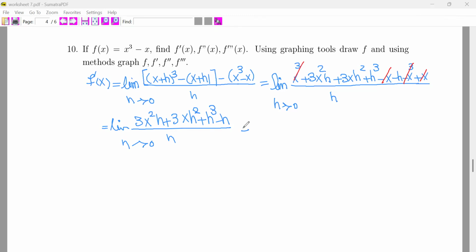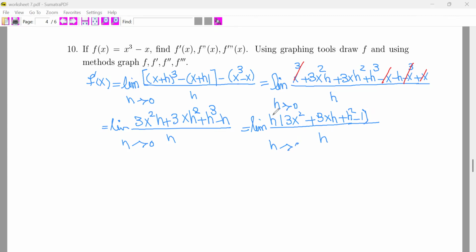Now we can factor out h here, and we would have 3x squared plus 3x h plus h squared minus 1 over h when h is approaching 0.